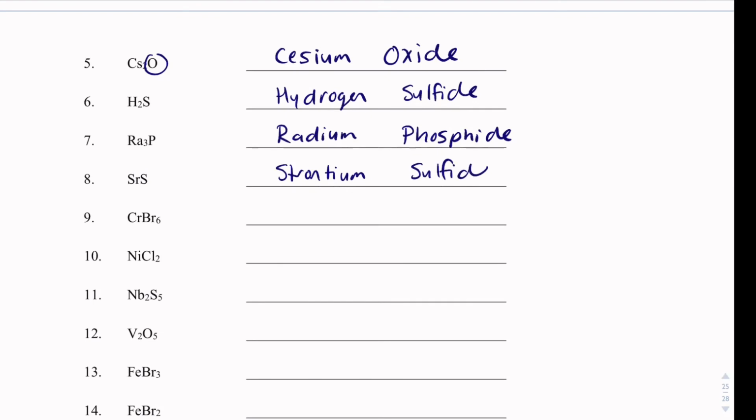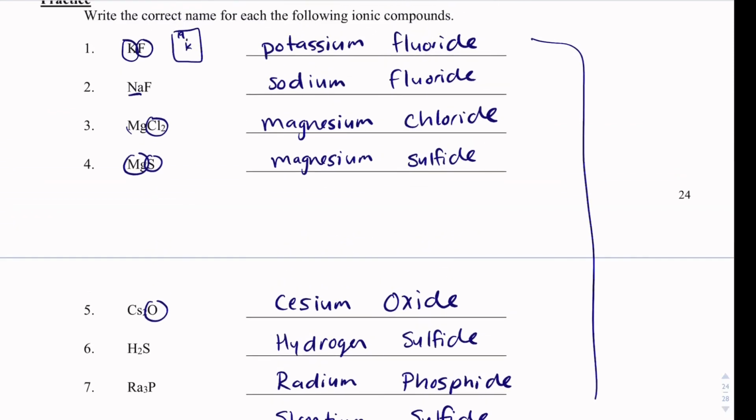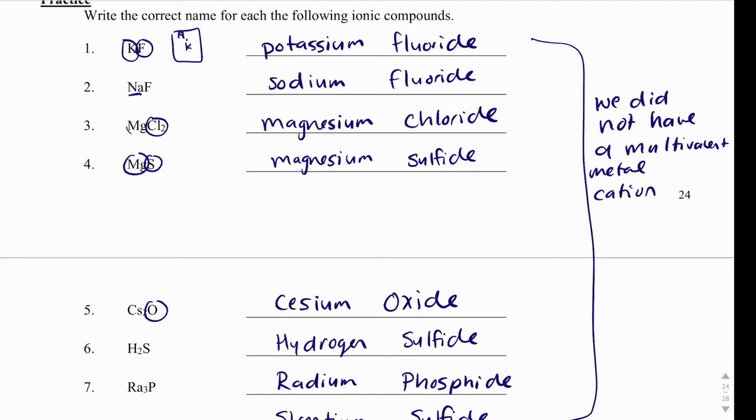So I hope that those are pretty straightforward when they're not multivalent. We did not have a multivalent metal cation here, so we don't see anything with Roman numerals.